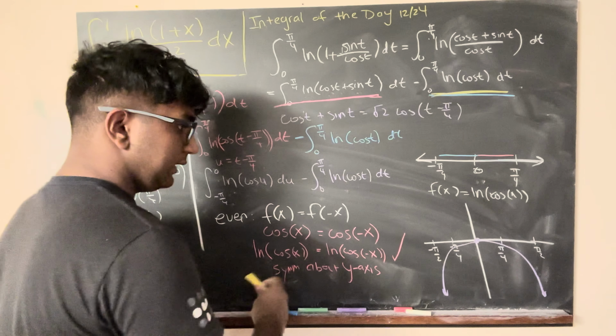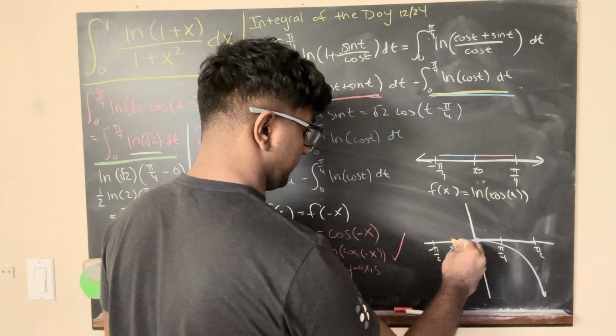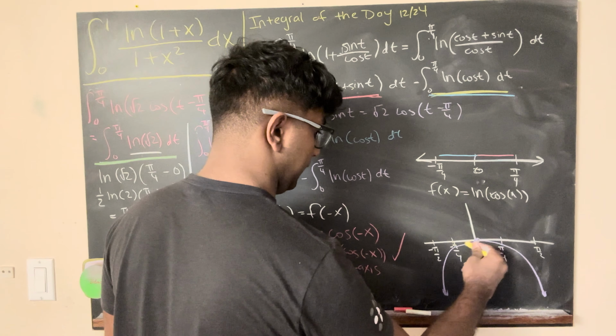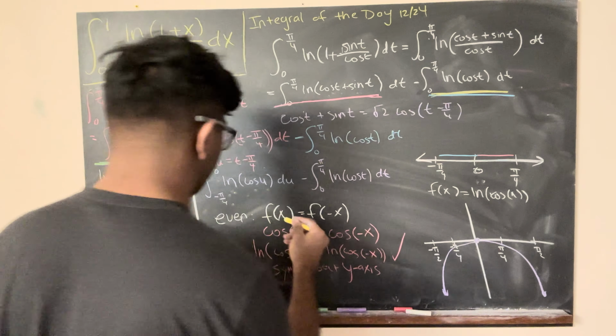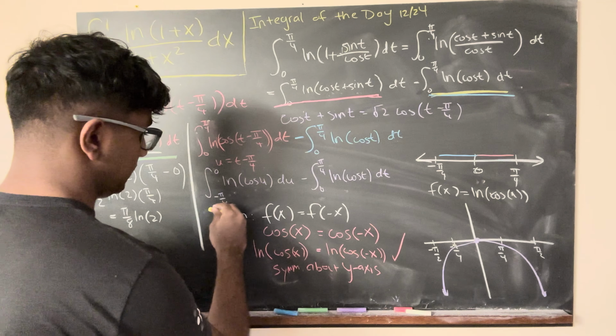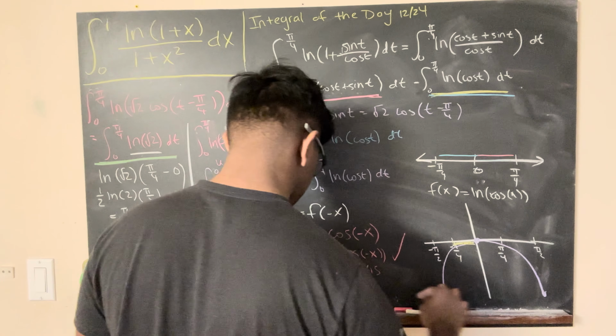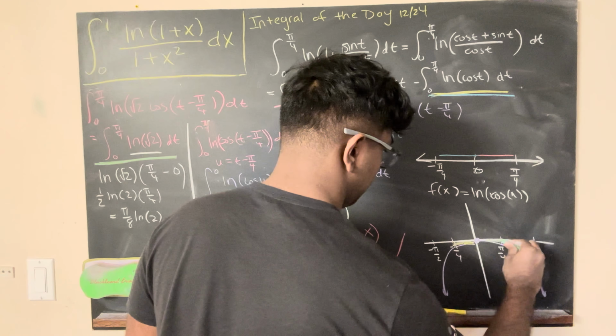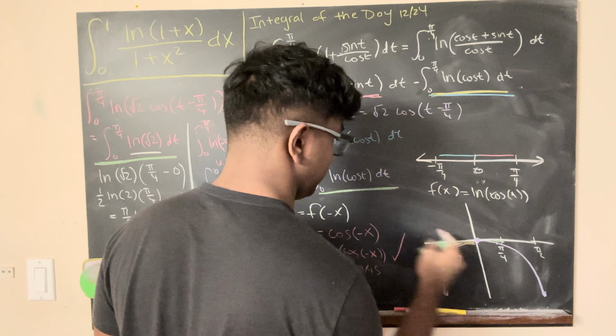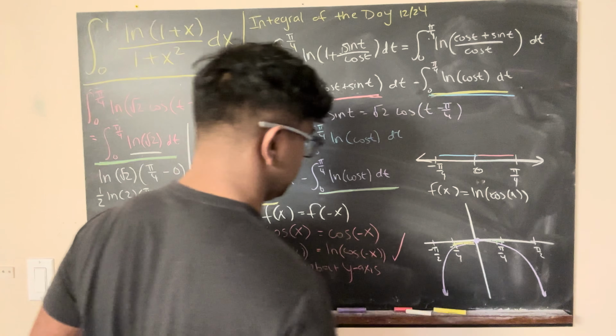And we notice that this is symmetric around the y-axis, and this area in yellow, which represents this integral, is equal to this area here, which represents the integral from 0 to pi over 4 versus negative pi over 4 to 0.